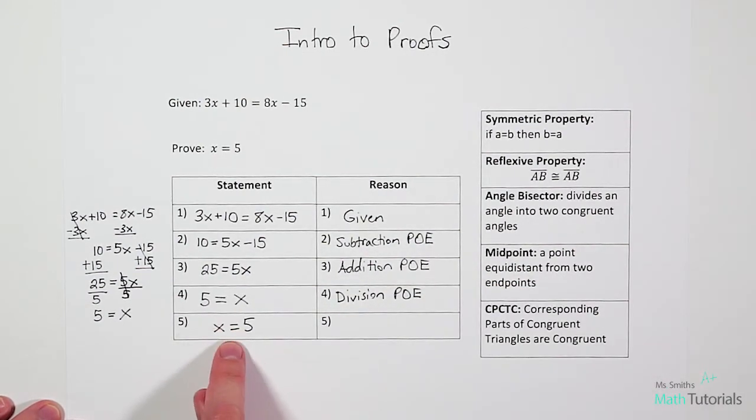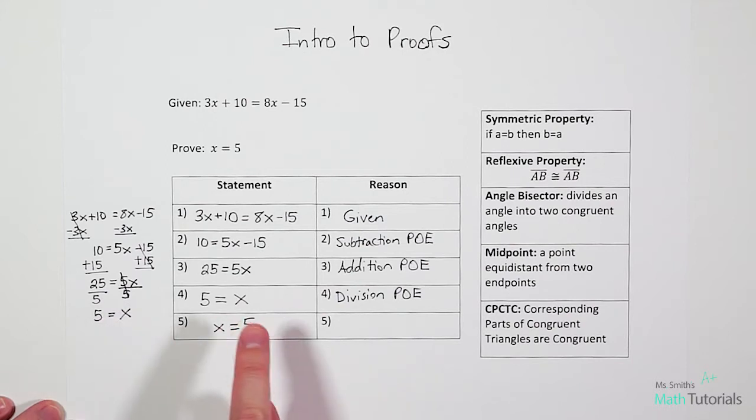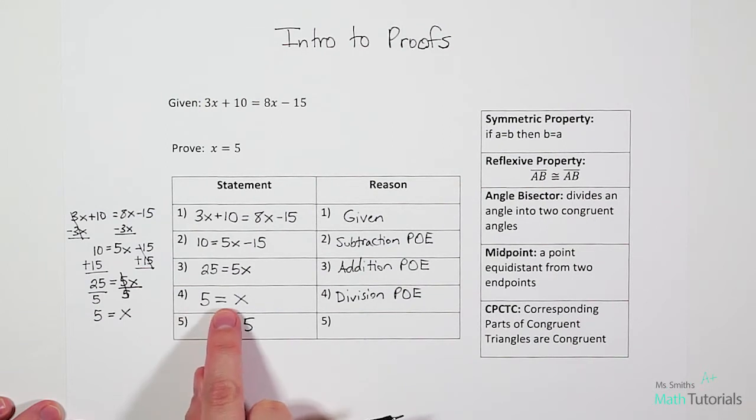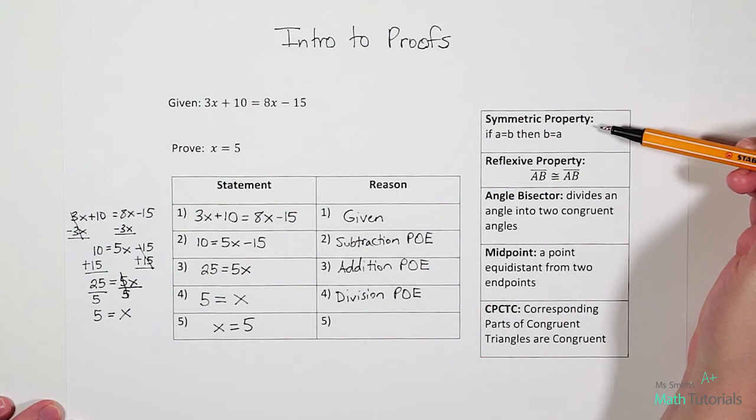Looking at our next statement, because normally in math we kind of stop here and we say, oh, there's our answer, we circle it and we're done. But we're not quite done with our proofs table yet, because notice what's happening between 5 equals x and x equals 5. These two say the same thing, but they're flipped, right? That is going to be called the symmetric property.